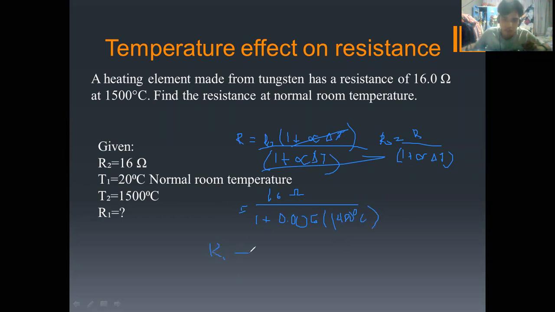Ngayon, yung R sub 1 natin is equal to 16 over 1 plus 0.005 times 1,480, equal to 7.4 plus 1, 16. Right?